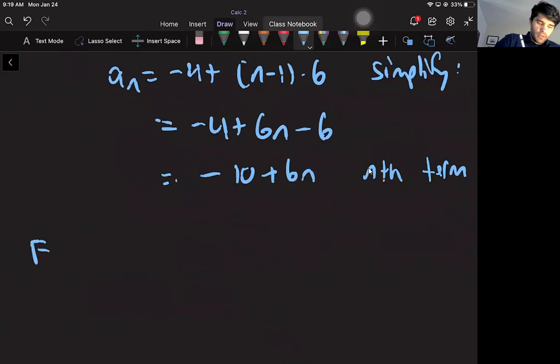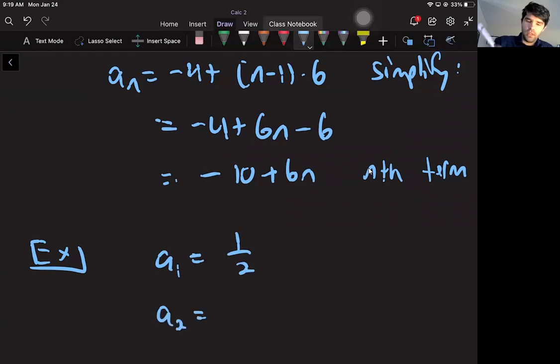Let's see, do I want to do another example? Sure, why not? So if I start at 1/2, and I do this recursive formula, I just add a half to the n.